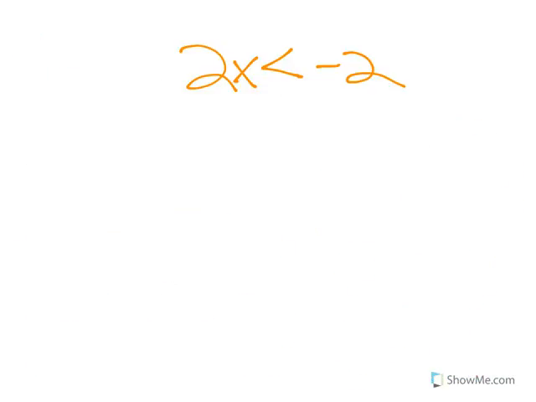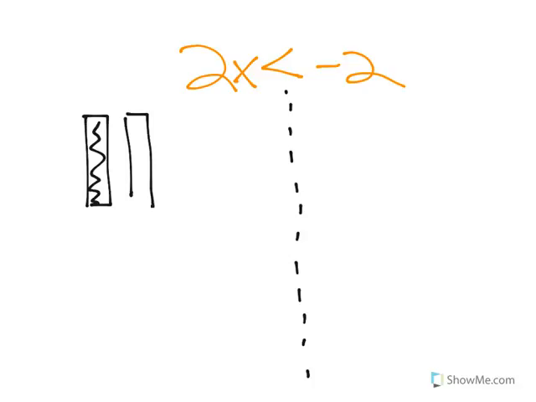So what I had was 2x is less than -2 after I got rid of my unit tiles. Now I have a new mat with 2 positive x tiles and 2 negative unit tiles. I want x by itself, and 2 is being multiplied by x right now, so I need to divide these x's up.